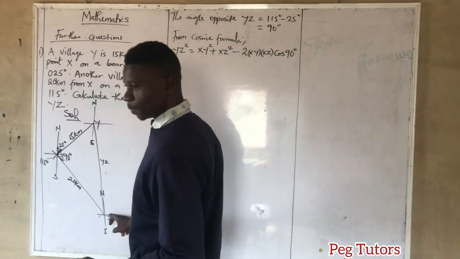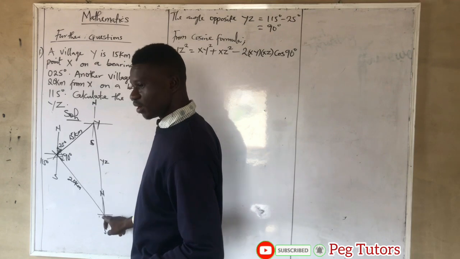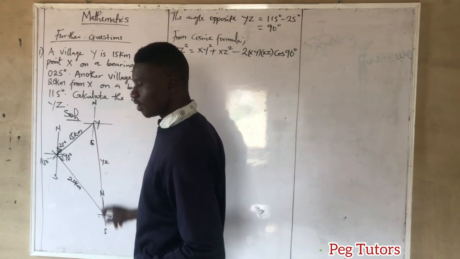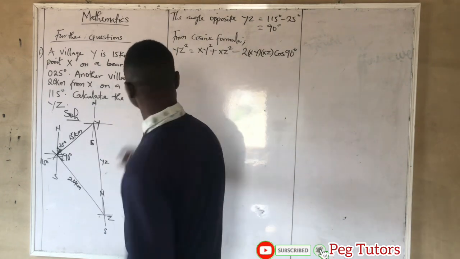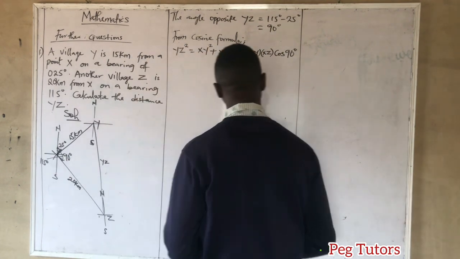So the formula is: a squared equals b squared plus c squared minus 2bc cos of the angle opposite the side you are looking for. Are we together?